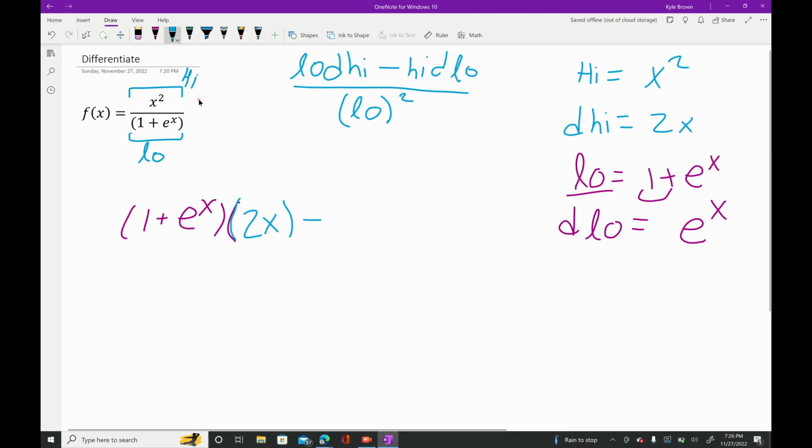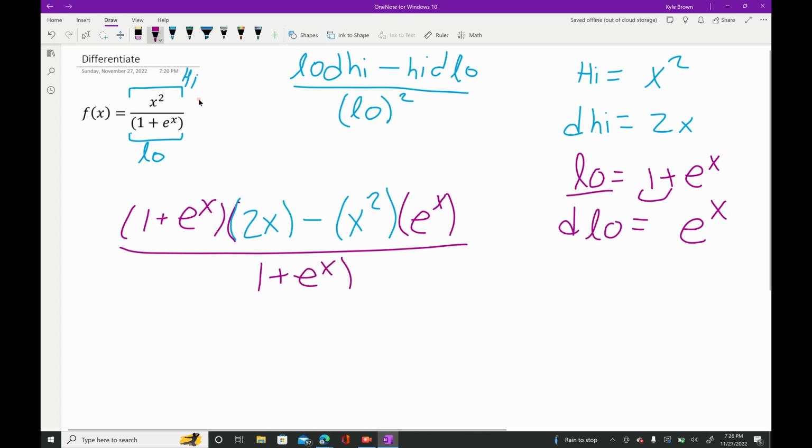And then we're going to subtract that by our high, which is x squared, and that's going to be multiplied by our d low, which we know is e to the x. And we have all of this over low squared, which is just 1 plus e to the x, and then we square it. Let me not forget that equal sign.